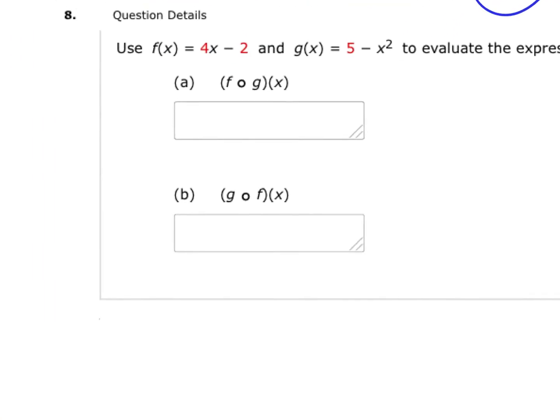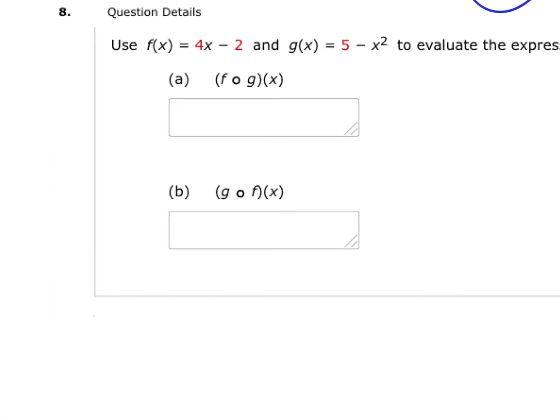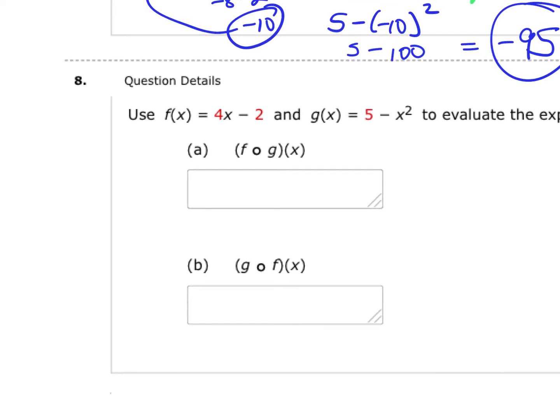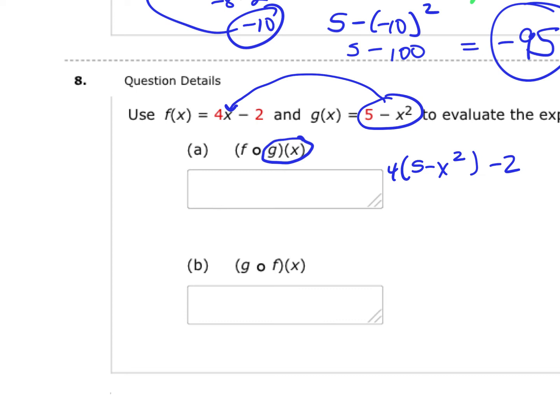All right, moving along here. How is this a little bit different from what we just did? There's a variable, an x. So what should I have in my answer? An x. So in this first one, they're telling me to take the g function and plug it in right there. Agreed? So 4 times 5 minus x squared, correct? Minus 2.